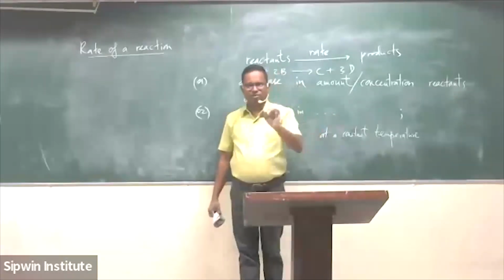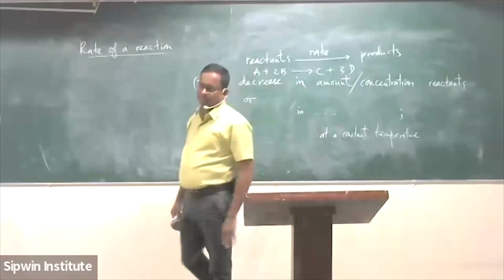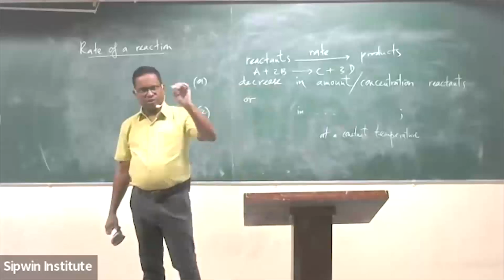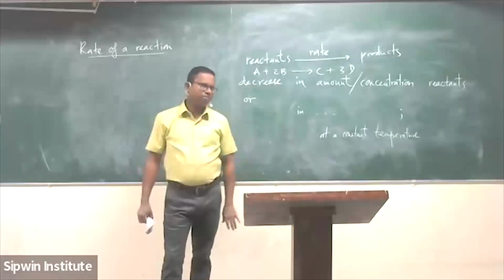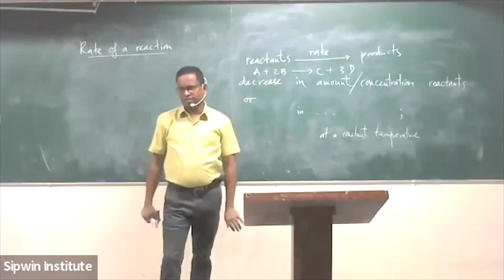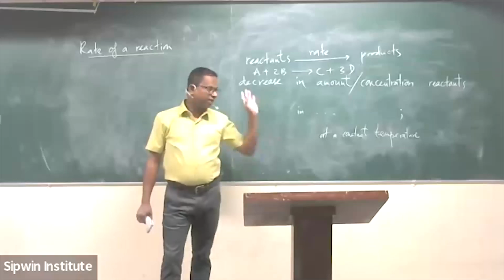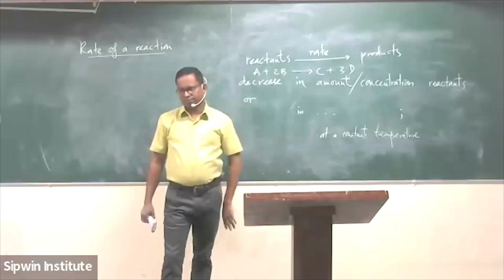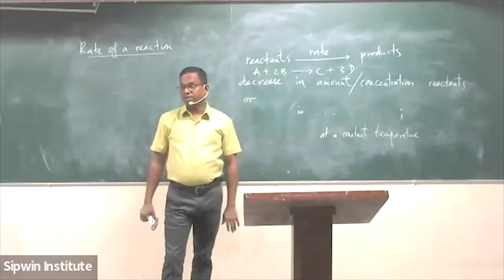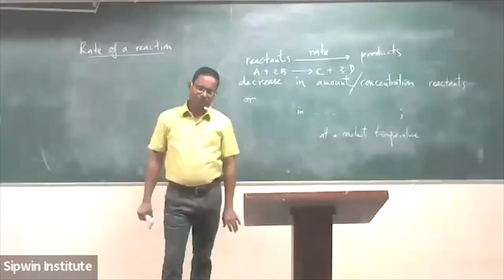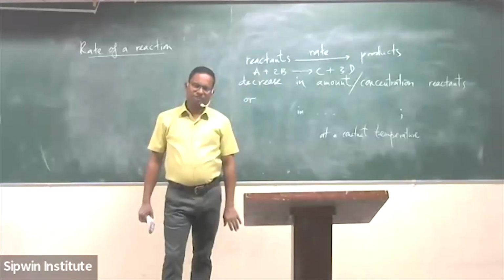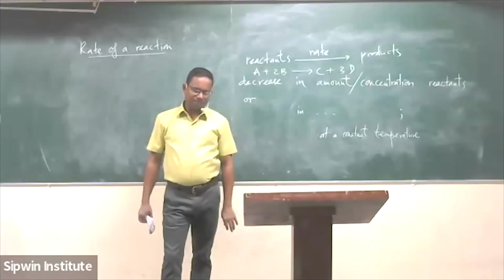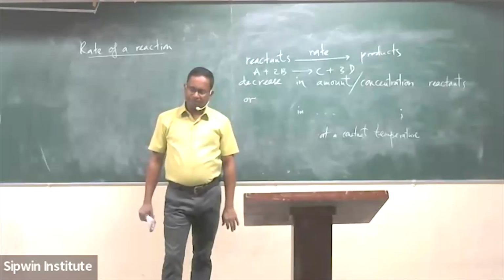If not, by considering the concentration, we can express the rate. At the beginning I will start with the amounts, but we finalize that with the concentration. Finally, rate of a reaction we always express as the concentration change per unit time: moles per cubic decimeter per second. Change in concentration divided by time period. Right?